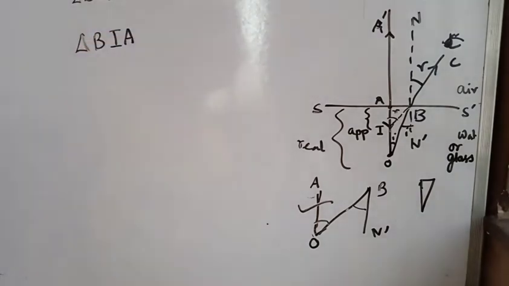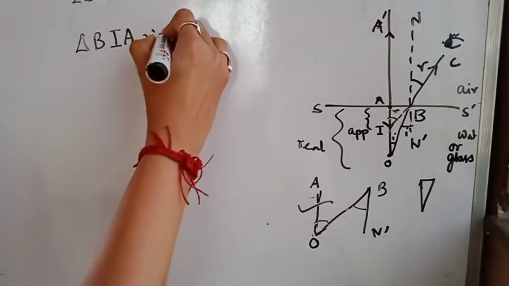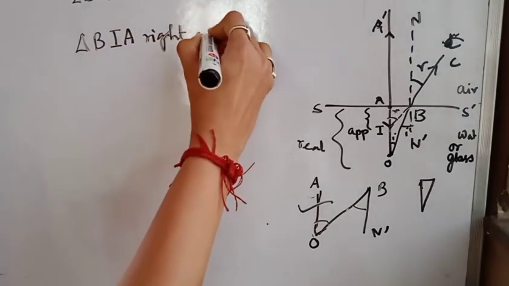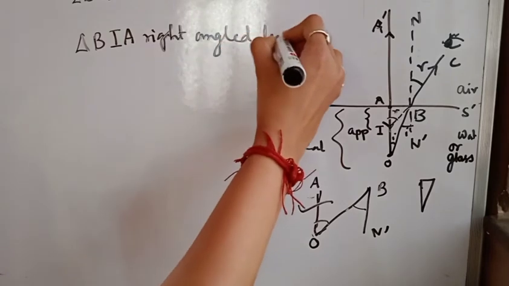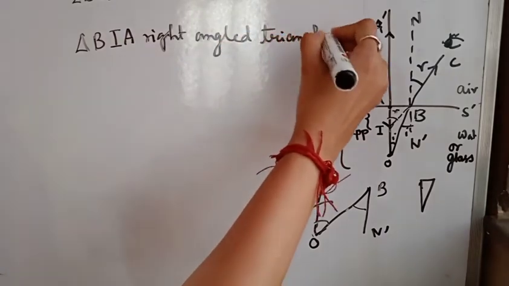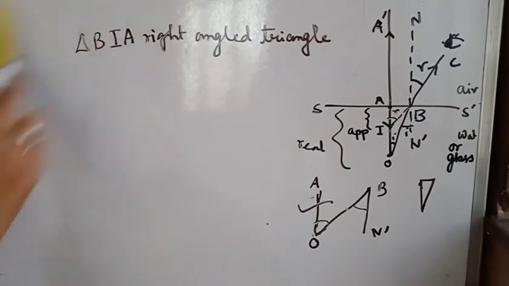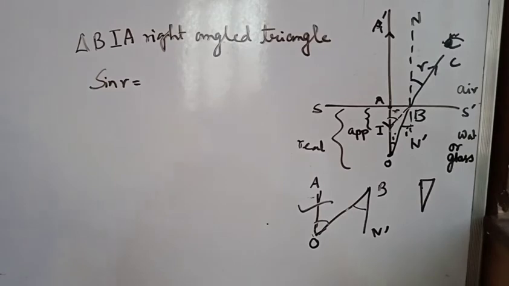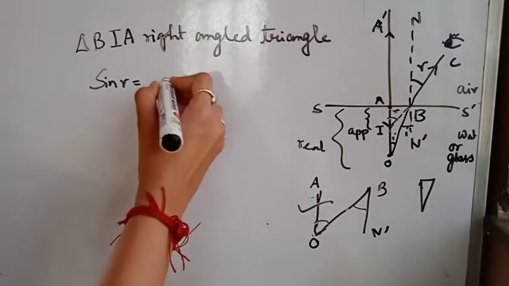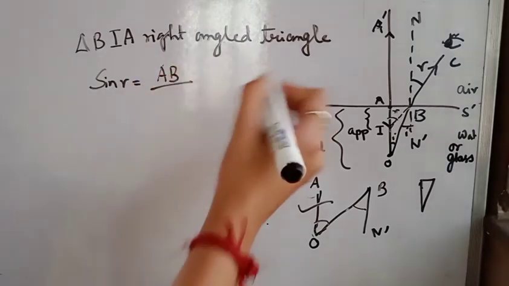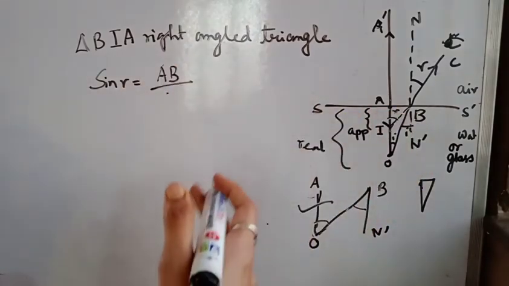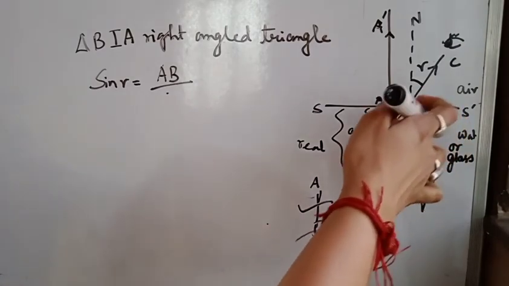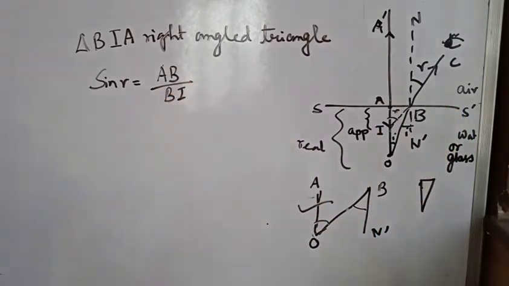BIA is also a right angled triangle, right? So here we can say that sine r will also be the perpendicular by hypotenuse. Here also the perpendicular is AB, and the hypotenuse is this one, because we are taking the small triangle, so this will be IB or BI, both we can write.